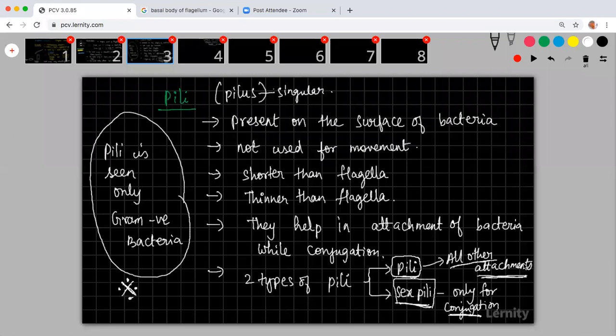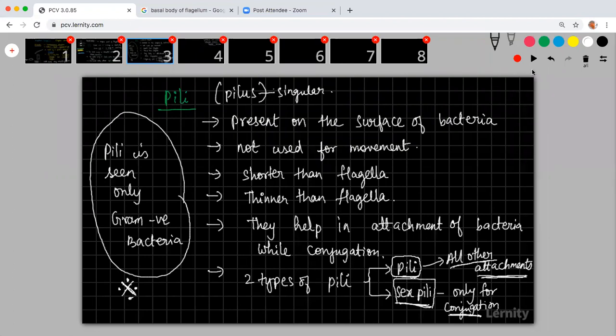Attachment on surfaces, basically. Say for example, a bacteria has to grow on a surface, so it has to attach. For that attachment you need this structure. Suppose water is running, and the bacteria wants to hold on to a stone.